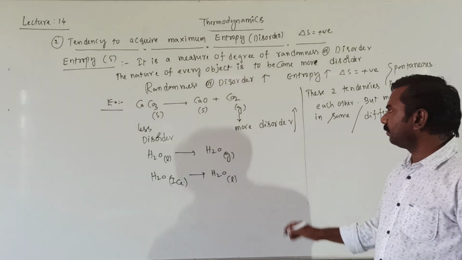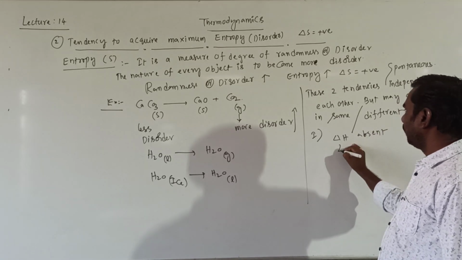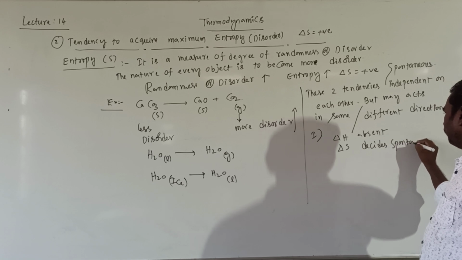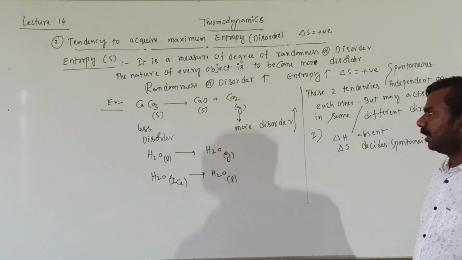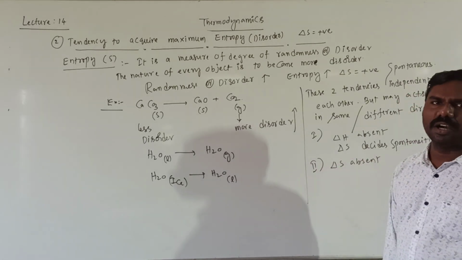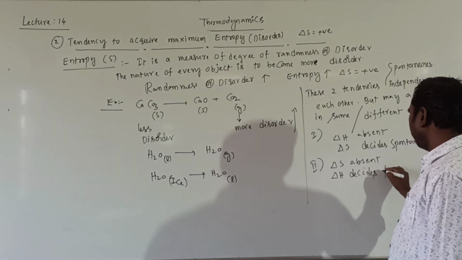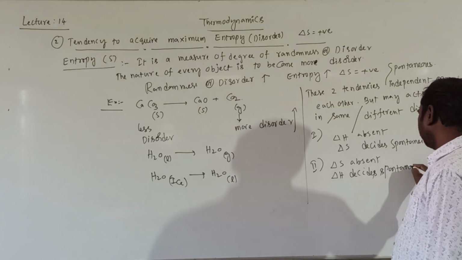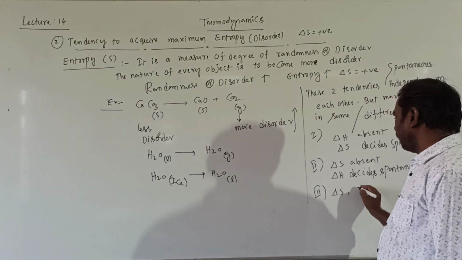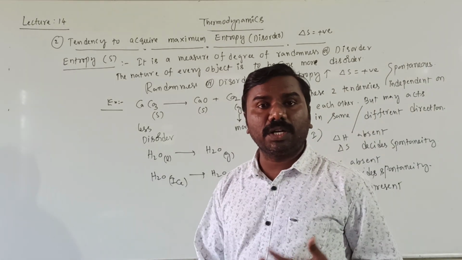For example, first case, if delta H is absent, delta S decides spontaneity. Okay? Second, if delta S is not there, delta H decides spontaneity. If both delta S and delta H are present, then it is very difficult to decide spontaneity.